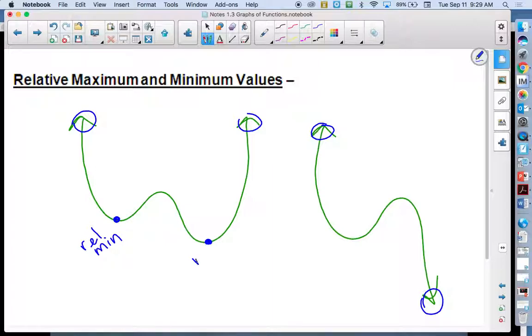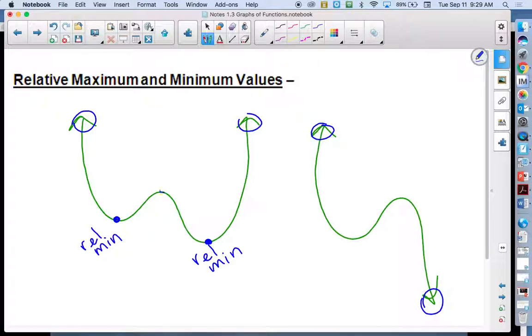Over here we have another relative min because again it's the lowest point of the curve. It doesn't matter that one is lower than the other. They're both relative mins, Emerson. Oh, that was good. Okay. So you're not looking at the lowest of the two, they're both the lowest of that area, that section of the curve. So both of them are considered relative mins. They're both the lowest point of the curve.